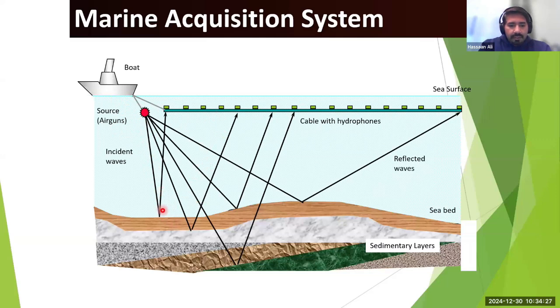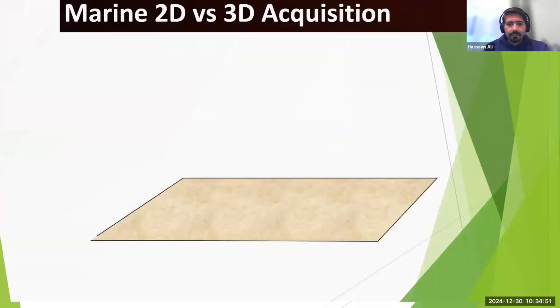You can see the deflection from the seabed floor and from different reservoir layers, and these will be acquired by the hydrophones. These hydrophones will determine the strength of the signal, and based on that, they will analyze and try to determine what is present below the seabed and sedimentary layers.